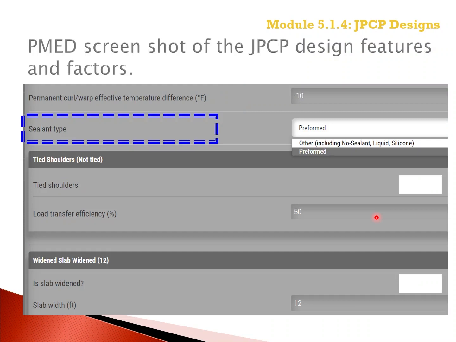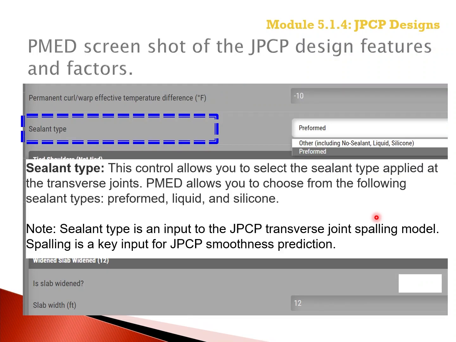Next is going to be the sealant type. This variable allows you to select a sealant type applied at the transverse joint. There's two options, as we mentioned previously, preformed or other types of joint sealant.